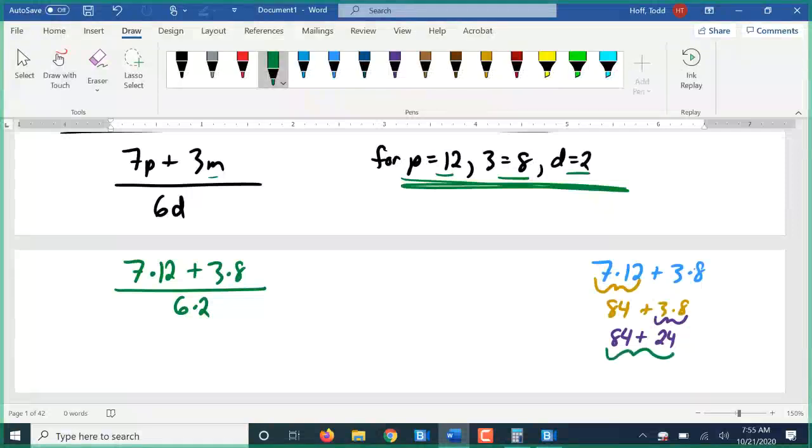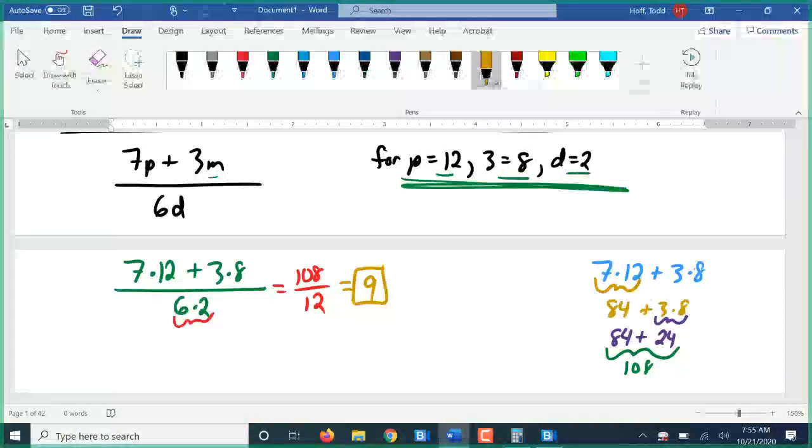And 84 plus 24, which is 108. So on top here, I have 108. Well, on bottom, I just have 6 times 2, which is 12. So I'm going to divide those out. 108 divided by 12 is 9. That evaluates to be a 9.